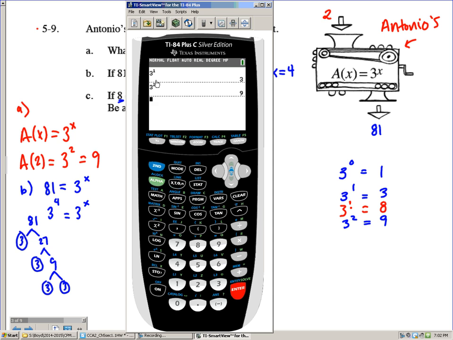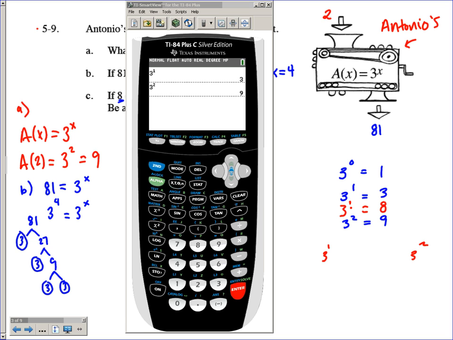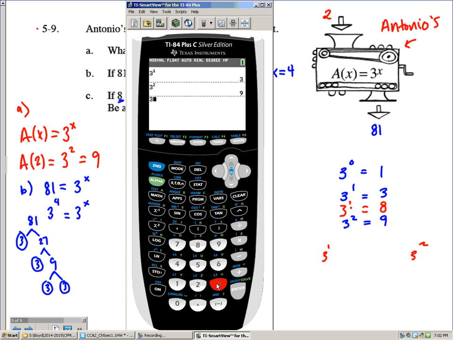So let's try a decimal value between 1 and 2 that's closer to 2. Let's say 1.7. That's a good place to start. Let's see how far away from 8 or 9 we actually are.